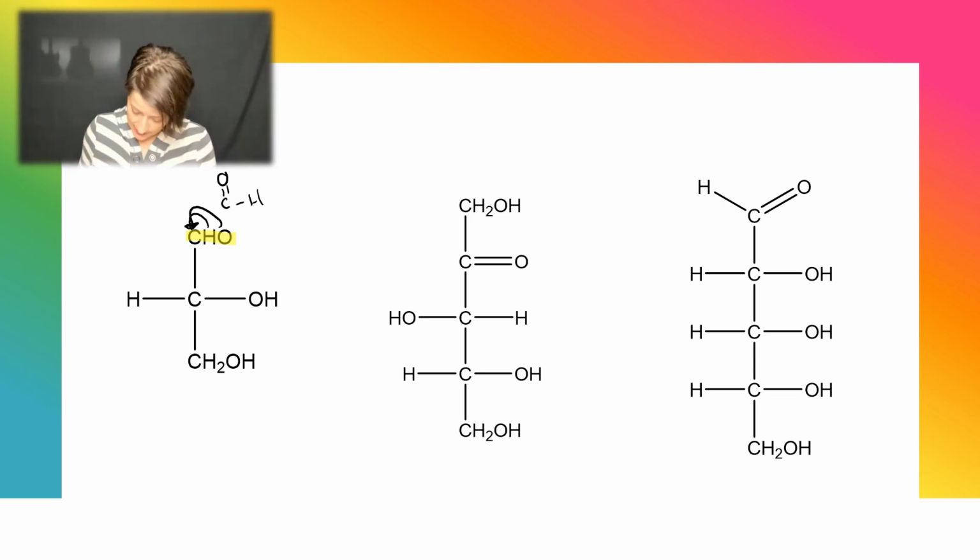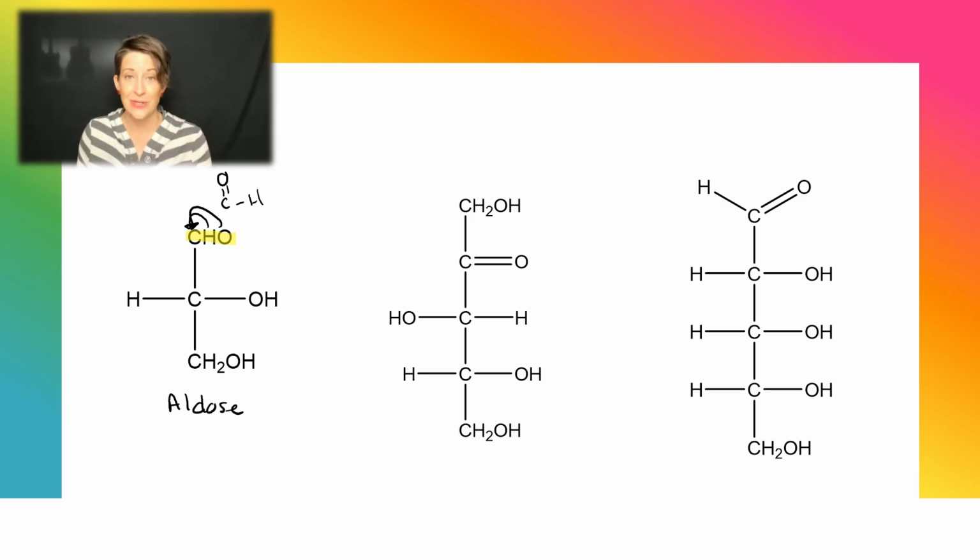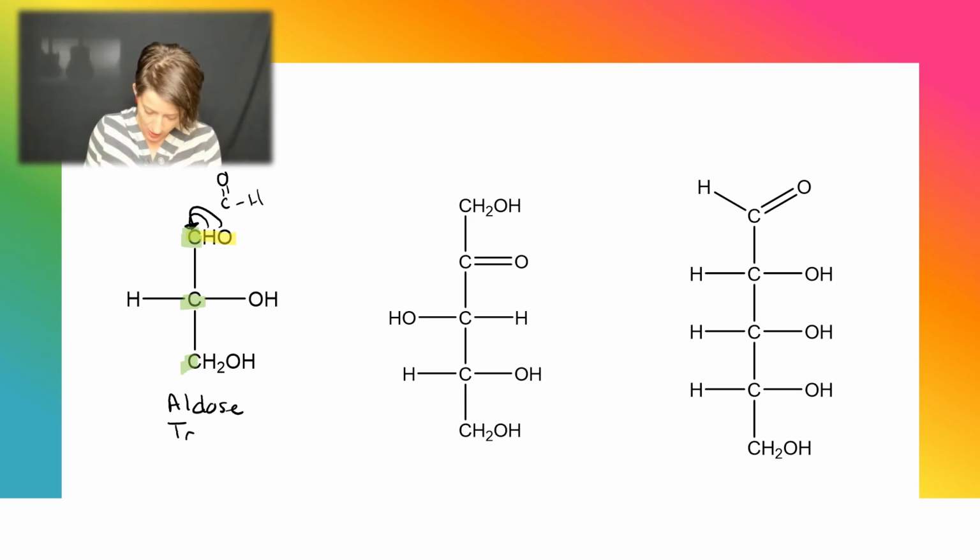Therefore, based off this information, we know that this is an aldose because it's an aldehyde. Then we want to count the number of carbons. We have 1 with our aldehyde, 2, 3. That makes this structure a triose.